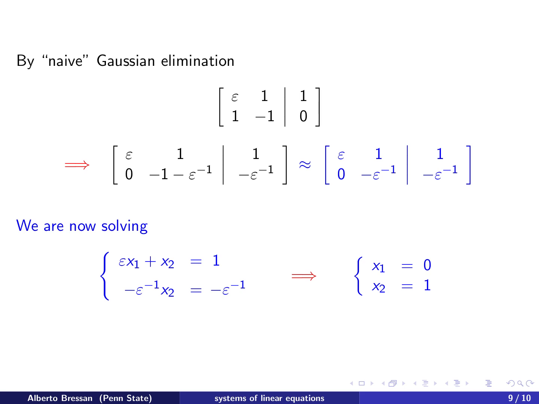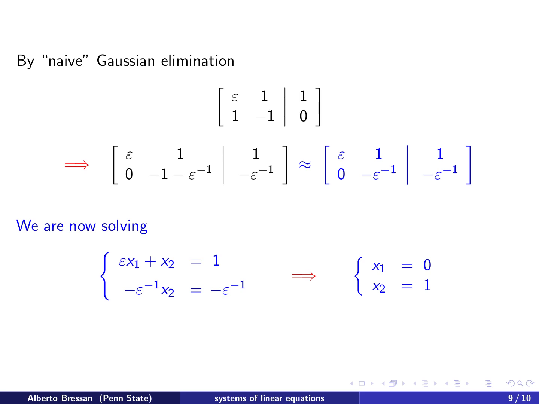So this becomes two equations as follows: epsilon x1 plus x2 equals 1, and the second equation is negative epsilon -1 times x2 equals negative epsilon -1. You solve for the second one, you get x2 is 1. Then if you substitute x2 equals 1, you have epsilon x1 is 0, and then x1 will be 0.